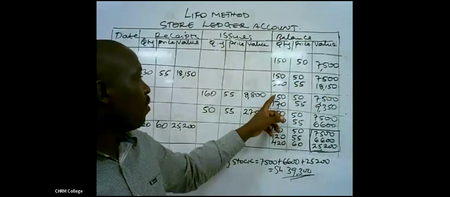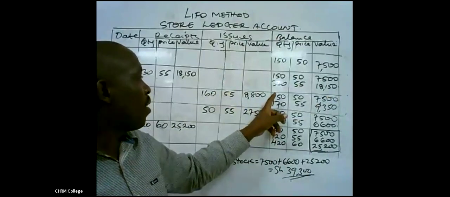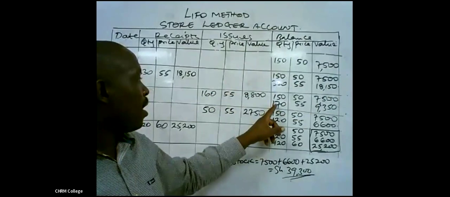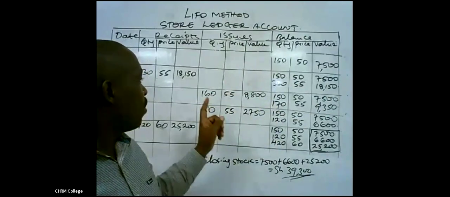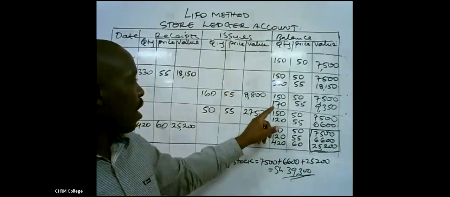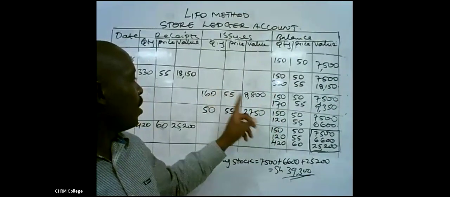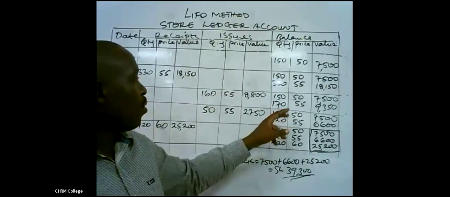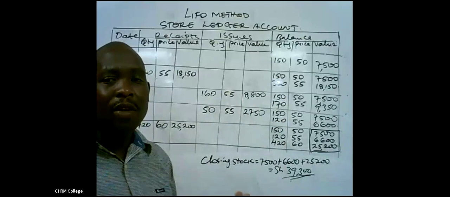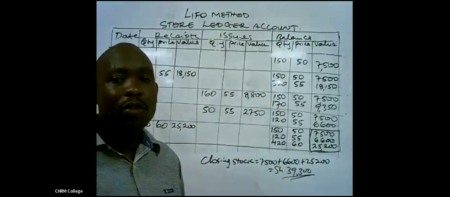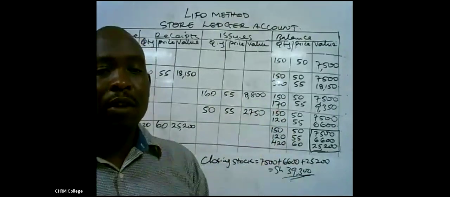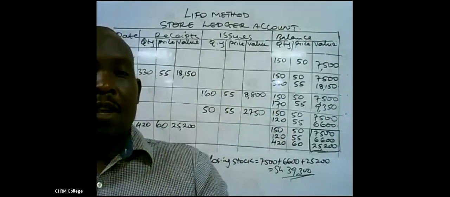That is 150. We would have issued this 160 from 150 first, and then taken 10 from here. So that is how we would have done it.